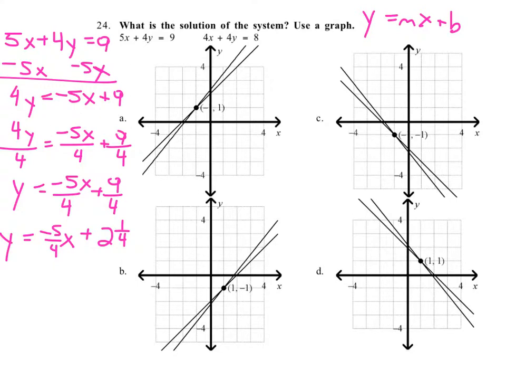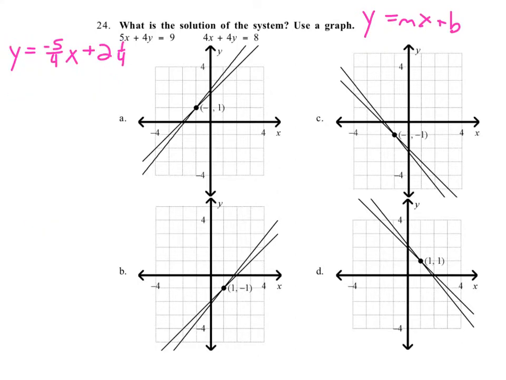And so we can first check for any answers that don't have that line and eliminate them as possible options. So just give me a second to erase this and move it up. Okay, and just to be clear, I'm going to underline in pink the equation that I just solved for, which is written in pink right there. Now I will do this one in blue and solve that one.